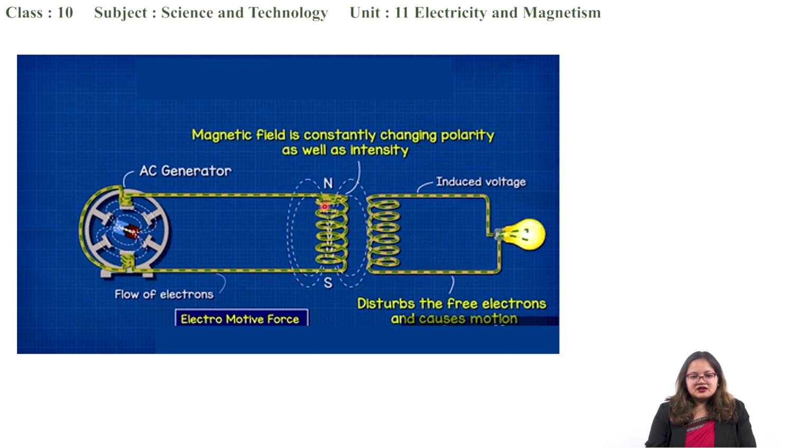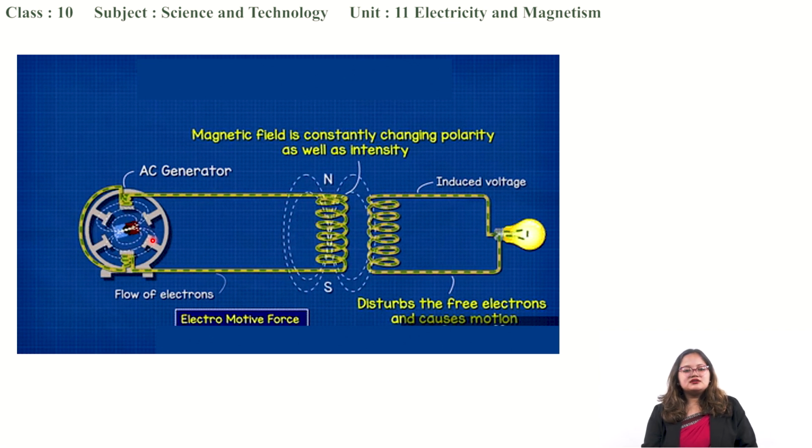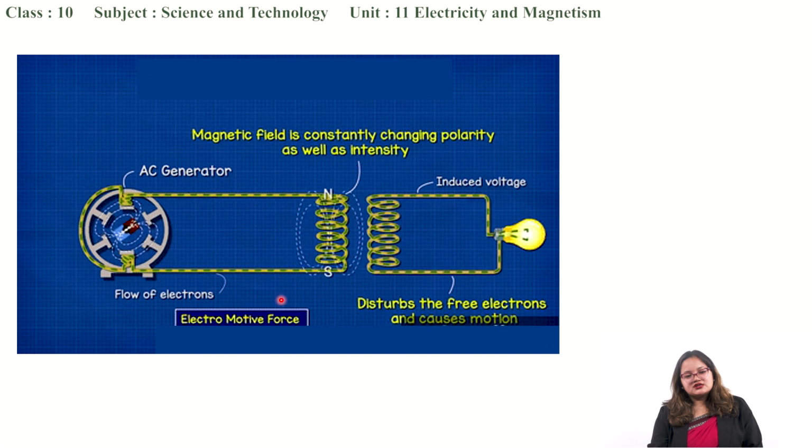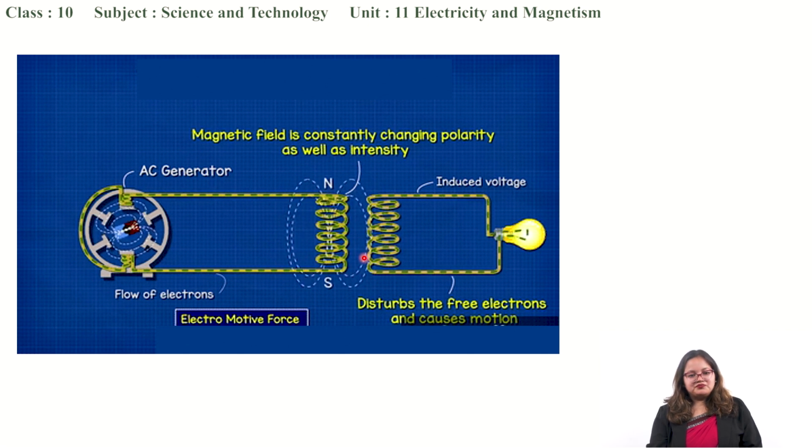Right now we can see that the upper side is the north pole and the lower side is the south pole. When this AC generator is constantly generating alternating current, this current changes its path periodically. Once it completes its half cycle, the polarity also changes. As you can see, the magnetic field constantly changes its polarity.